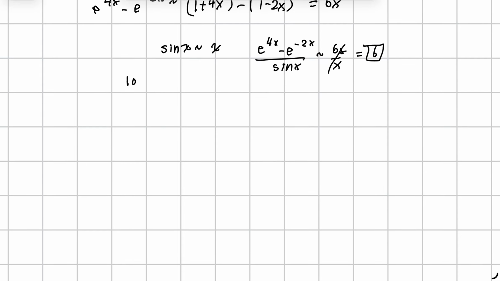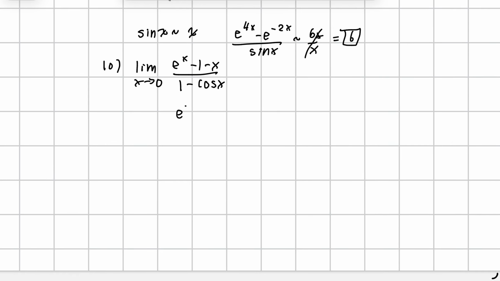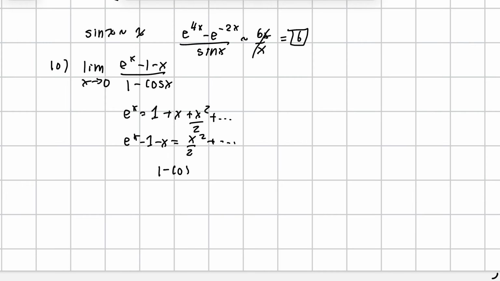So for our last example, let's say we have the limit as x approaches 0 of (e^x minus 1 minus x) divided by (1 minus cosine x). If we use our expansions, e^x is equal to 1 plus x plus x^2 over 2 plus, continuing on, and e^x minus 1 minus x is equal to x^2 over 2 plus, continuing on. 1 minus cosine x is approximately x^2 over 2.